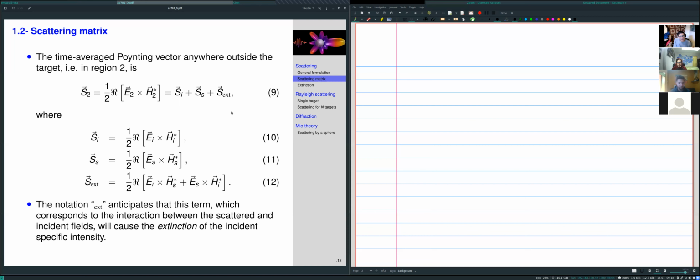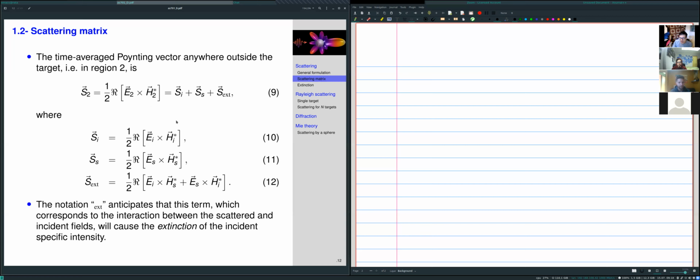So in general, the time average Poynting vector outside the obstacle is defined so, because subscript 2 is region 2 outside the obstacle. Okay. And when you do the calculation, in region 2, we have the incident and the scattered field that superpose. So we have two fields, the incident and the scattered fields in region 2.